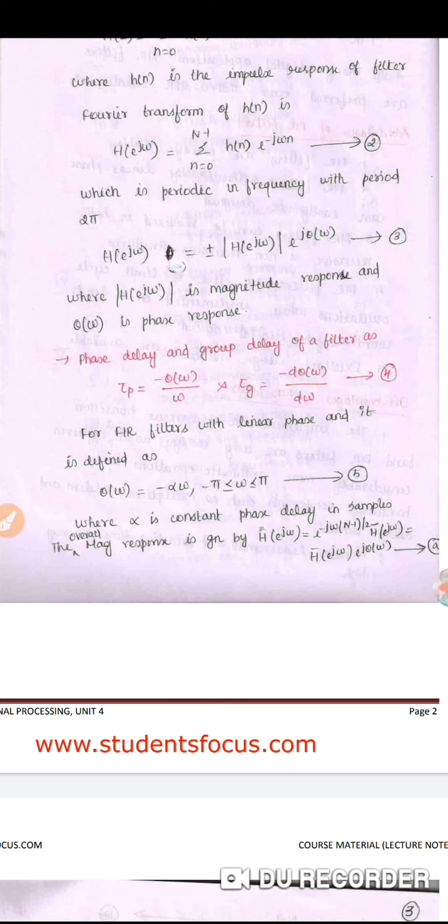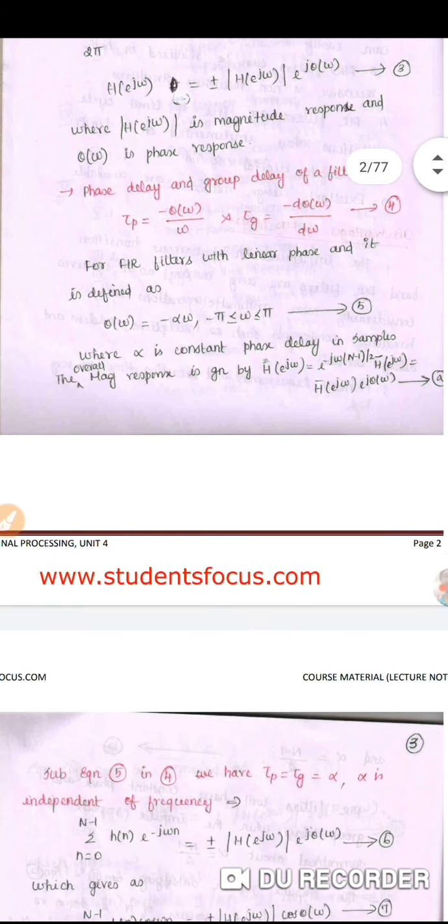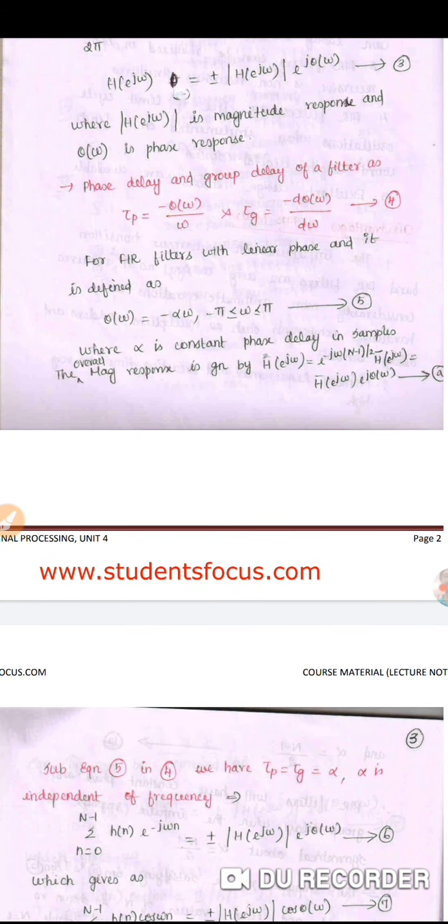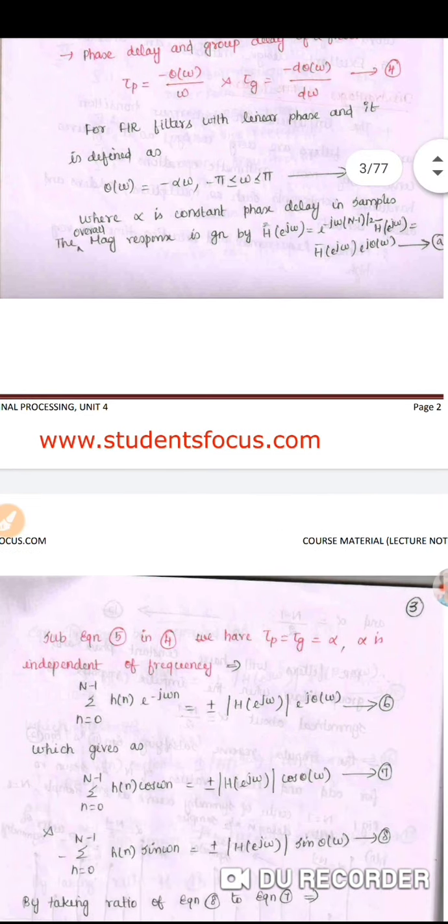And we have also seen the phase delay and group delay, where phase delay is given by minus theta of omega by omega, and group delay is given by the differentiation of theta of omega. For linear phase FIR filters, angle theta of omega will be equal to minus alpha omega, where alpha is a constant phase delay.